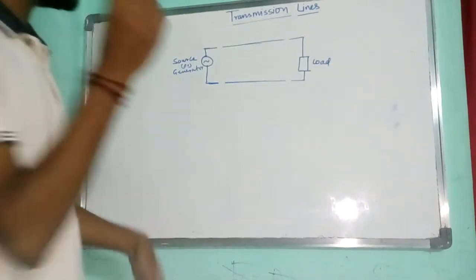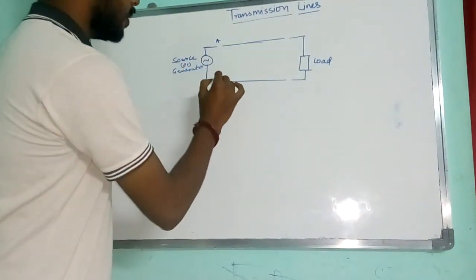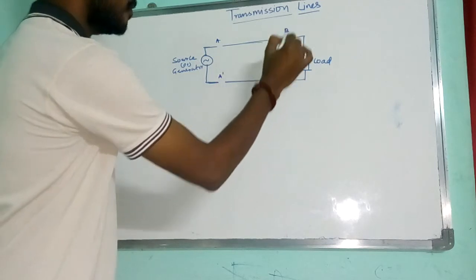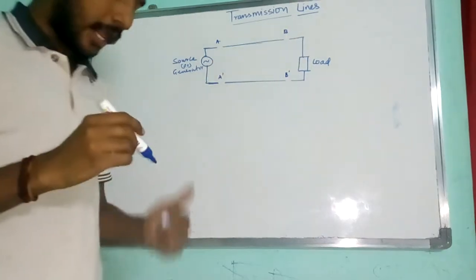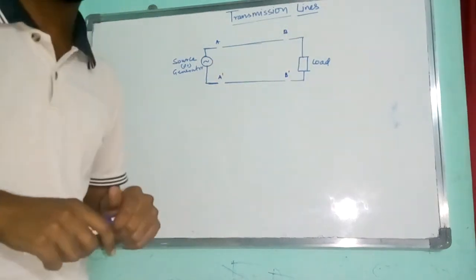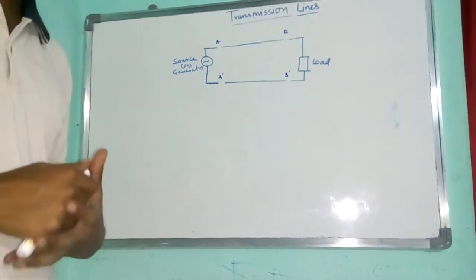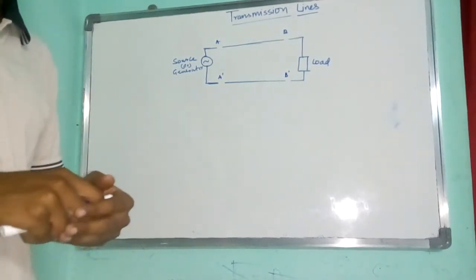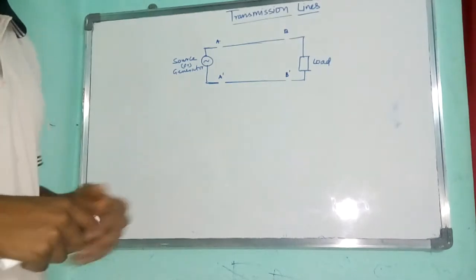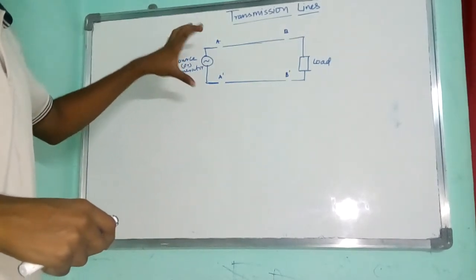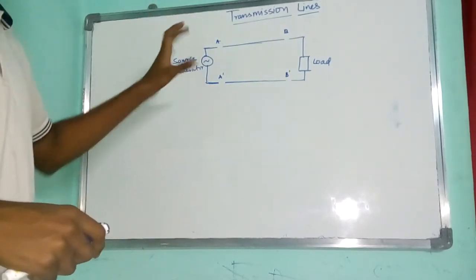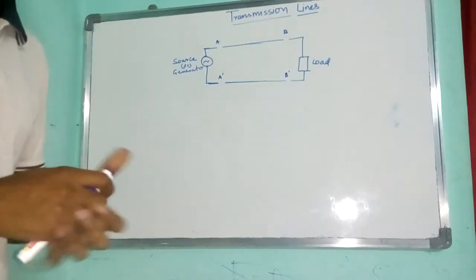Suppose these are my ends AA dash and these are my BB dash. I'll come to the applications of transmission lines later in the video lectures. But first we need to know what a transmission line is and the equations governing transmission lines.